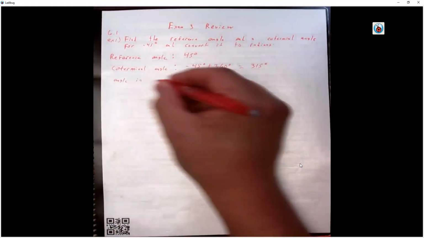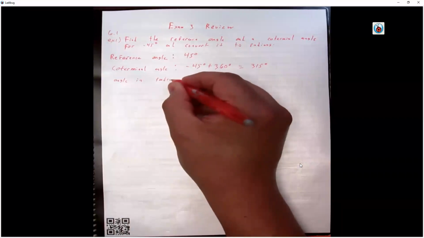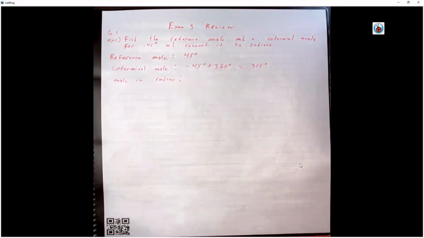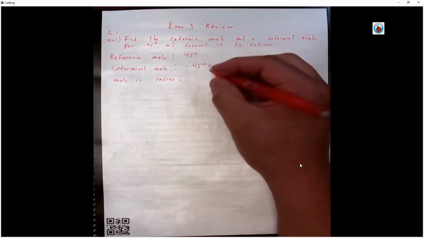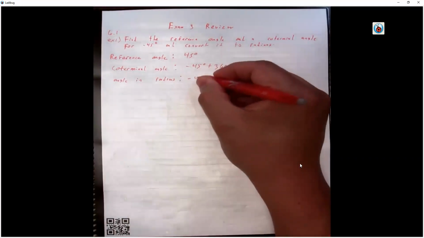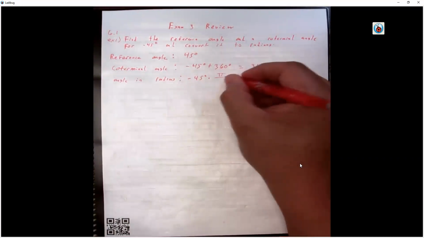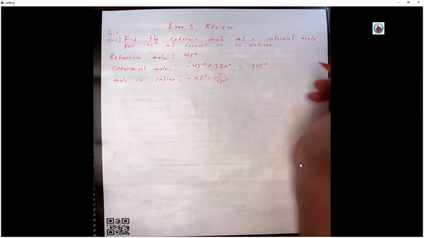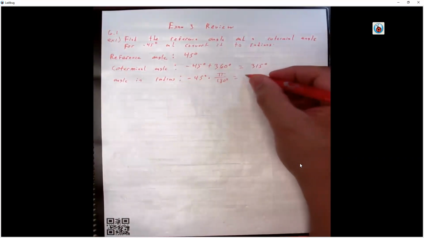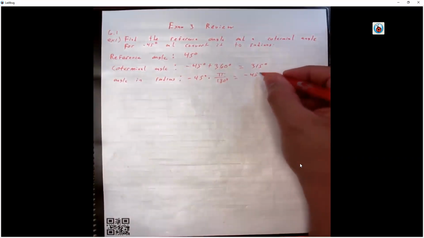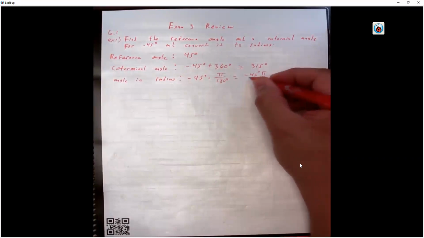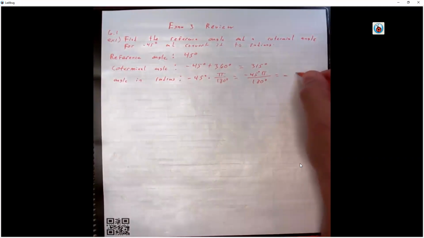Angle in radians: just convert it to radians by multiplying by your conversion factor, times pi over 180. So multiply this out, you get -45 degrees times pi over 180, which reduces to -pi over 4.